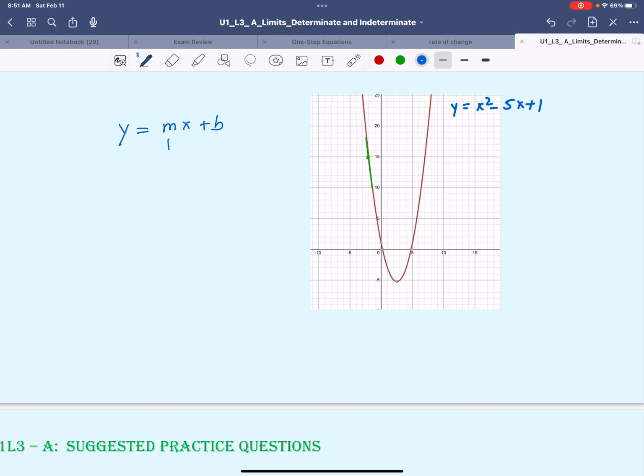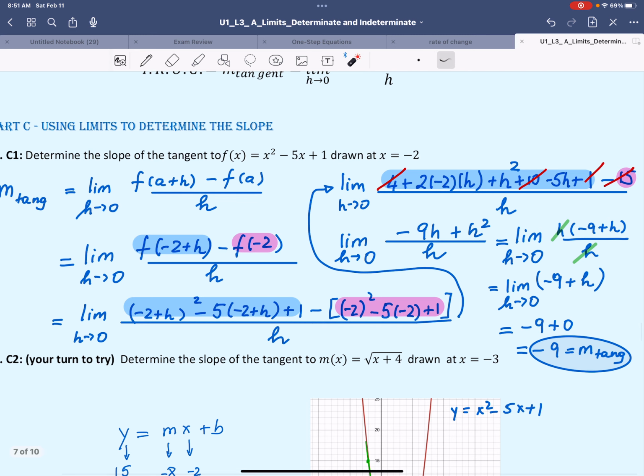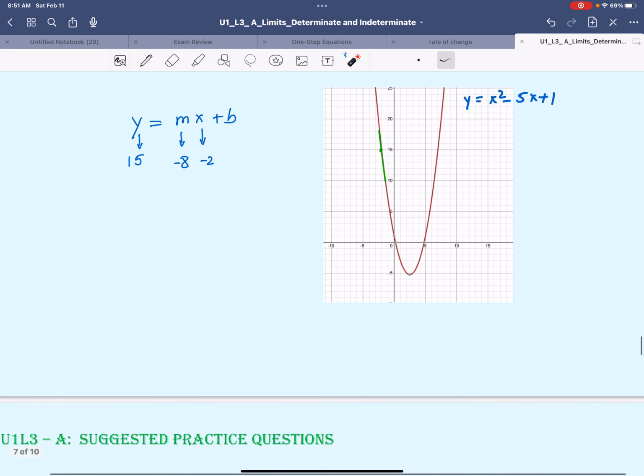And since I already know the slope, I just found the slope from the limit, -9, then I will have to substitute an x and a y from the graph. And x equals -2 and y equals 15 will be an easy point to use, because we already had to find the value of the function at -2, so that was 15. So that's ready to use, and then plus b.